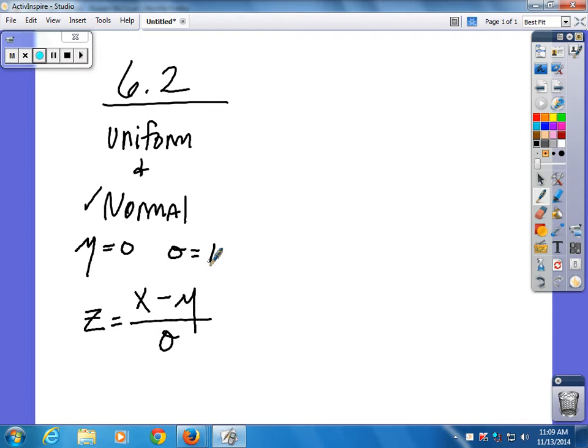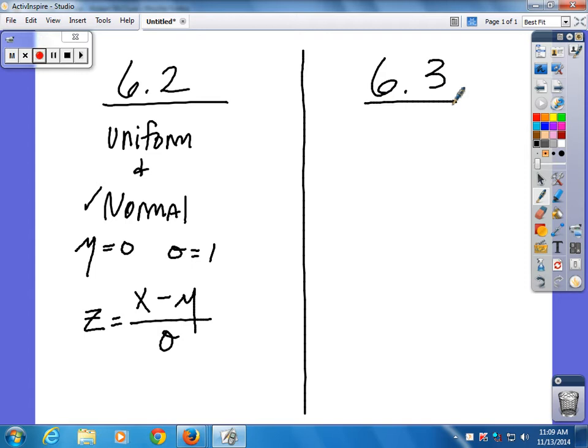Now the difference between 6.2 and 6.3 is that the normal distribution is focused on, which is normal, and mu is not going to be equal to 0. So therefore, the z-scores don't count anymore because you've got big numbers like 111 and 105. You don't have z-scores, so you're going to have to convert to z-scores.